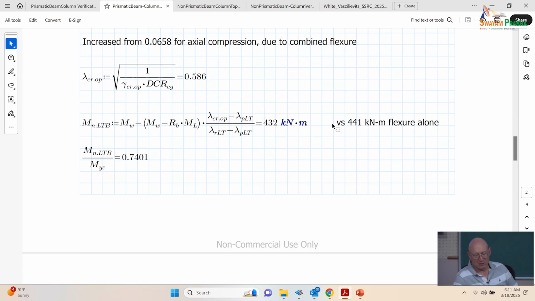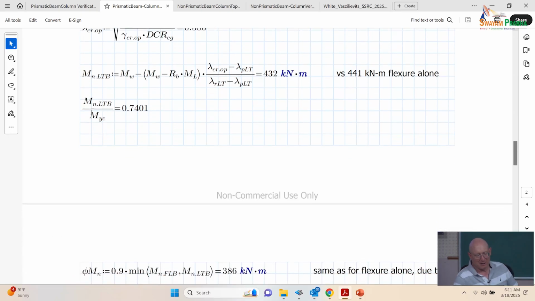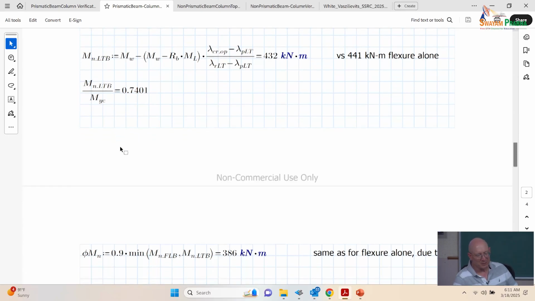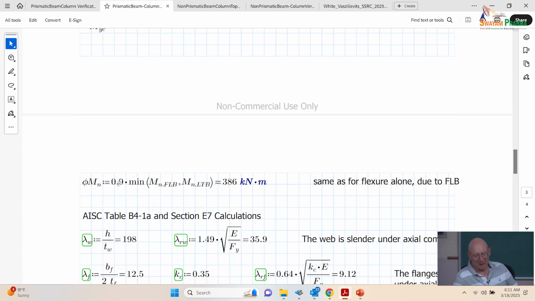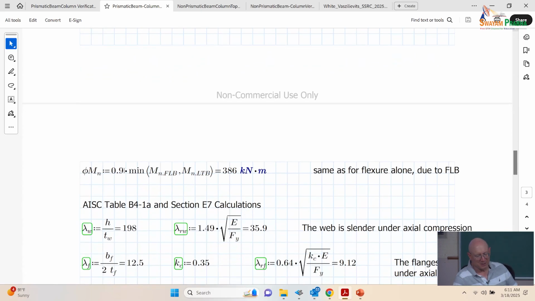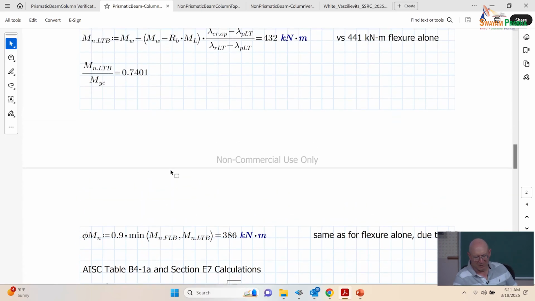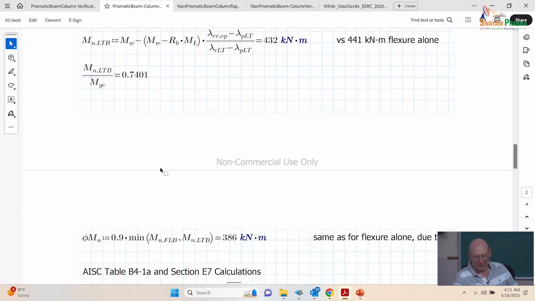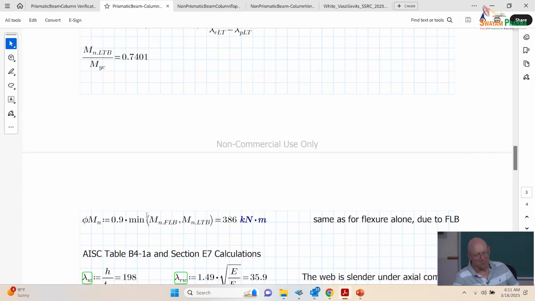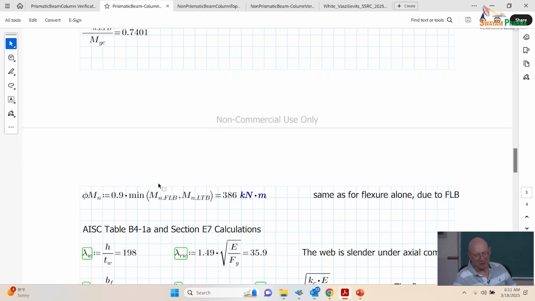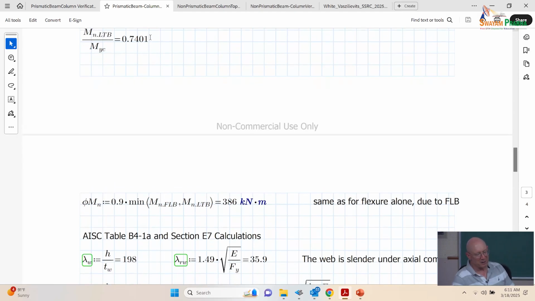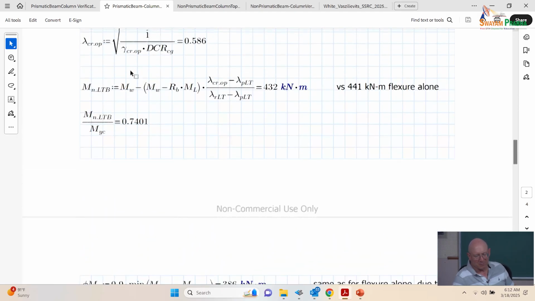So that's 432 now, where it was 441 when I had flexure alone. The ratio to MY, 0.74, if I just look at it as moment to MY. Here's my FEMN, the minimum of these. Now I thought I had, yeah, oh, this one's prismatic, so I didn't need to do that. Let's go to non-prismatic. Well, no, we still could have checked.